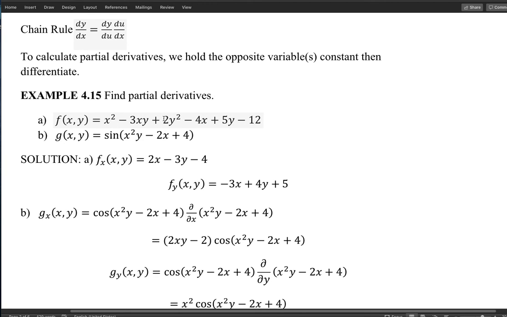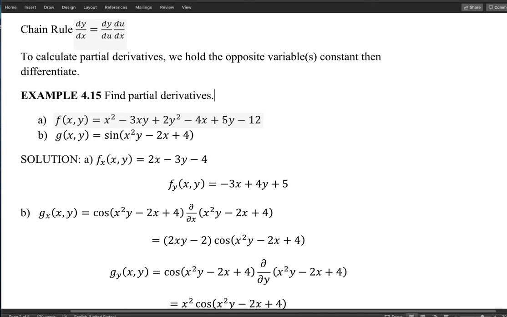And as I'm saying, be very careful about the notation. When we take the partial derivative with respect to x, we consider y as a constant. So this 2y squared is a constant. Accordingly, the derivative would be 0 with respect to x. So this part is gone. But the derivative of negative 4x generates negative 4 here.